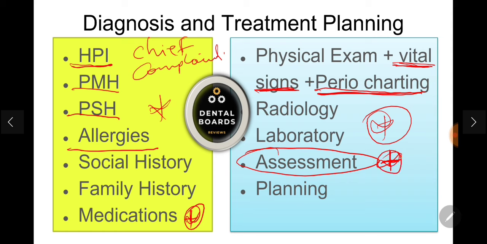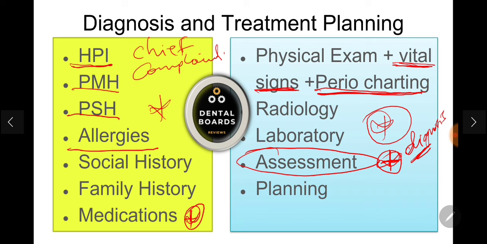HPI, past medical history, past surgical history, allergies, social history, family history, medications, physical exam, radiology, and the labs, all right? Once you make that assessment, you make a diagnosis. As I mentioned, the diagnosis can be a provisional diagnosis, which is a diagnosis you have initially.